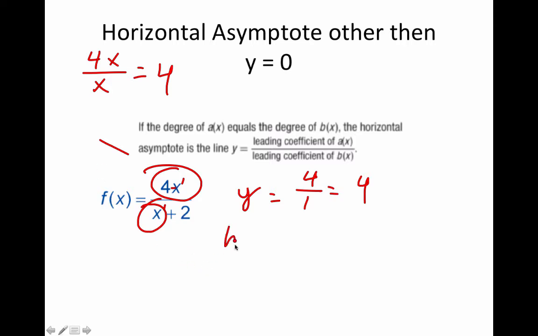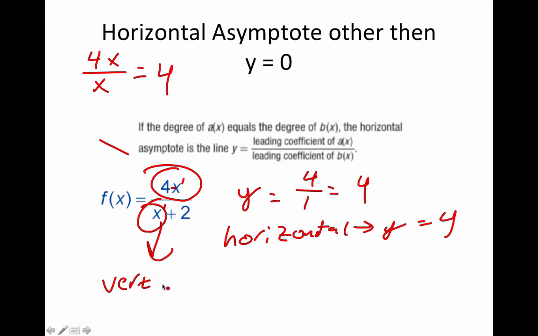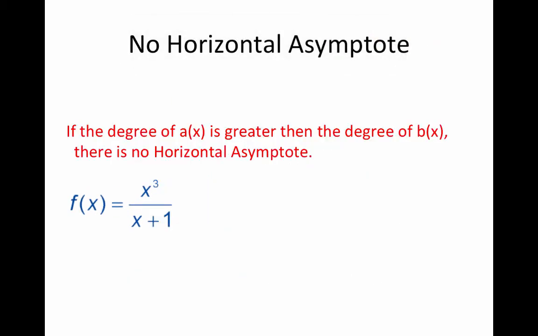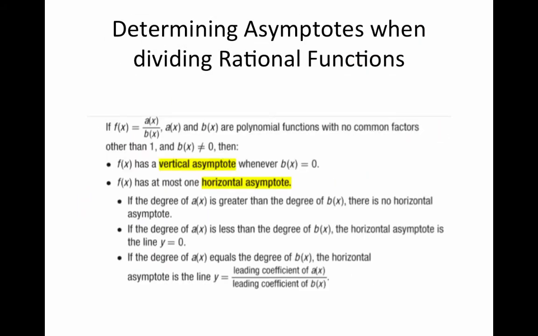That means we have a horizontal asymptote of y equals 4. Vertical asymptote here is x equals negative 2.